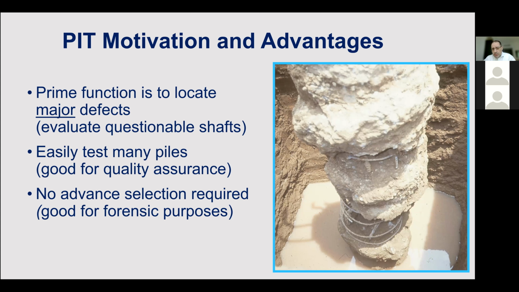It can easily test many piles within a short period of time, so it's easy to undertake. There is minimal or no advanced preparation required and no advanced selection required. So it's also good to use for forensic purposes.